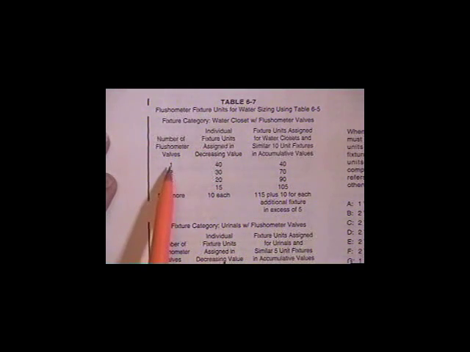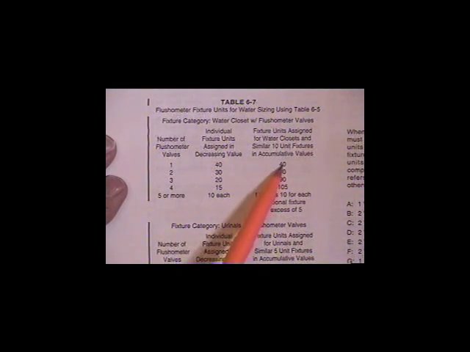If I have one water closet flushometer, that's worth 40, starting at the most remote, for a total of 40. If I have the second one, then we assign it 30, for a total of 70, and then the third one is 20, a total of 90, the fourth one is 15, a total of 105, and then if I have 5 or more, it's 10 each, or 115 plus 10 for each additional fixture in excess of 5.